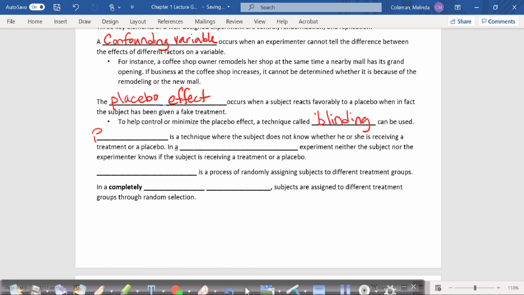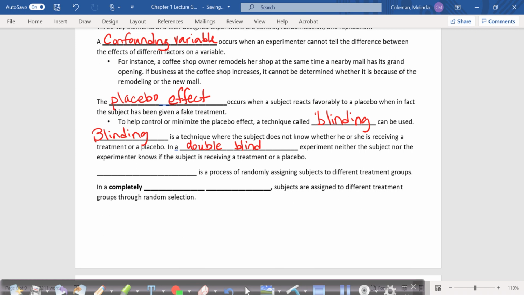Blinding is a technique where the subject does not know whether he or she is getting the experimental treatment or placebo. In a double blind experiment, neither the subject nor the experimenter knows who is receiving the treatment and who is receiving the placebo.